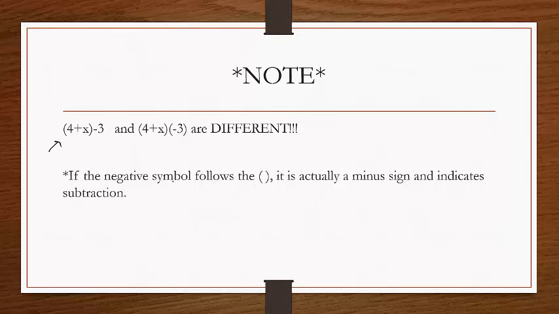So you have to read it like subtraction. It's not a negative 3. This is the same thing as saying 4 plus x plus negative 3. And when you have it separated, you can't multiply because you're not multiplying anymore, you're adding. Whereas if I have the parentheses around the negative, they're telling you you need to multiply by a negative number. So we need to watch out for problems like that.